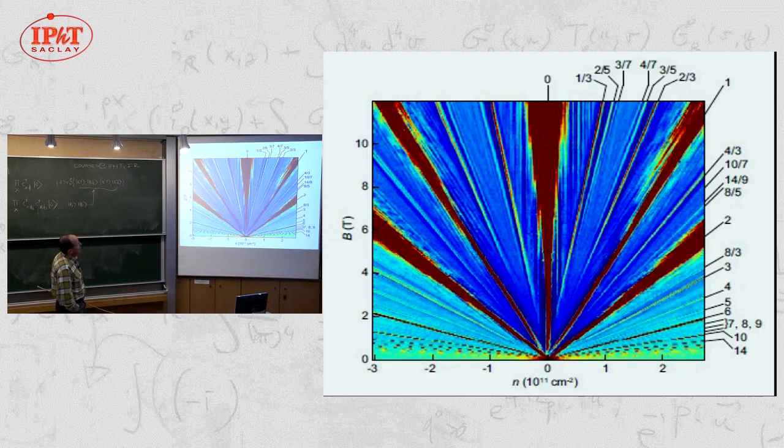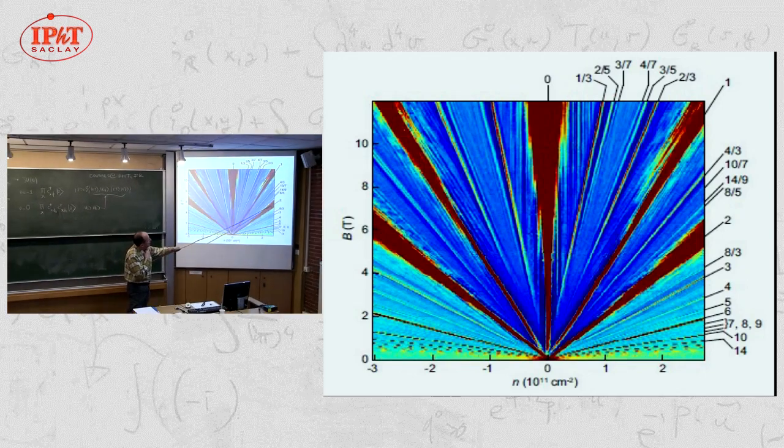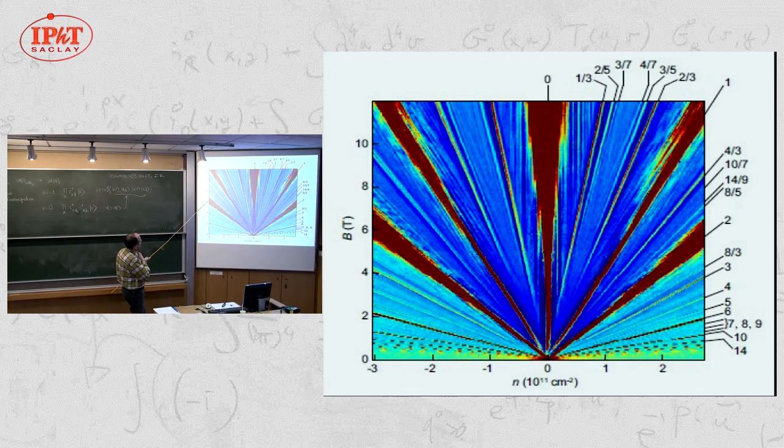The color code is that this is a 2D plot of the longitudinal resistance. When you see that there's a brown region, it means that there is 0 longitudinal resistance, and that's the presence of the integer quantum Hall effect. So you see that there are, of course, filling factor +2 and -2 symmetrically. That corresponds to the cyclotron gaps in the spatial spectrum of graphene.